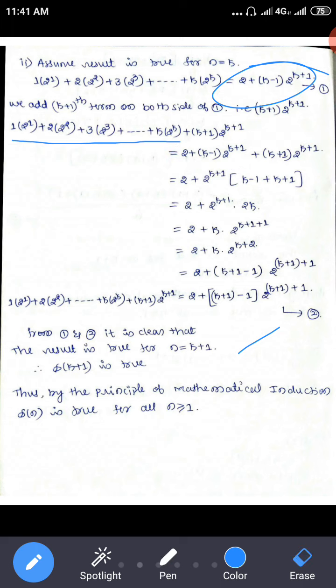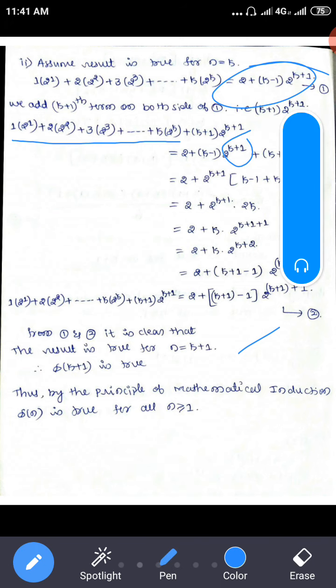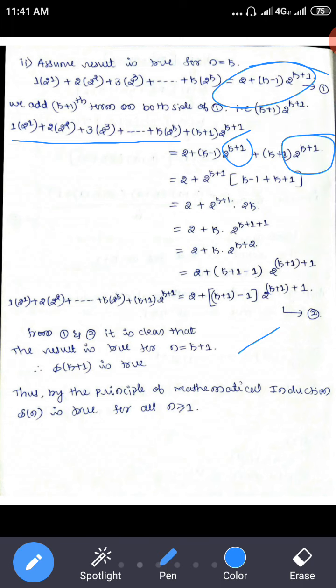Between these two you can see what is common. 2 raised to k plus 1 is common. (k minus 1) plus (k plus 1). So minus 1 plus 1 cancel. So k plus k, that is 2k.